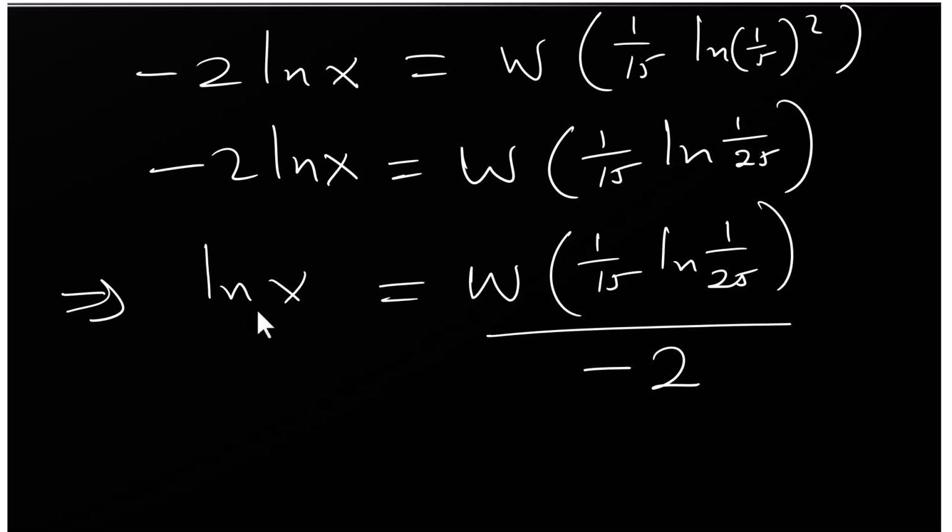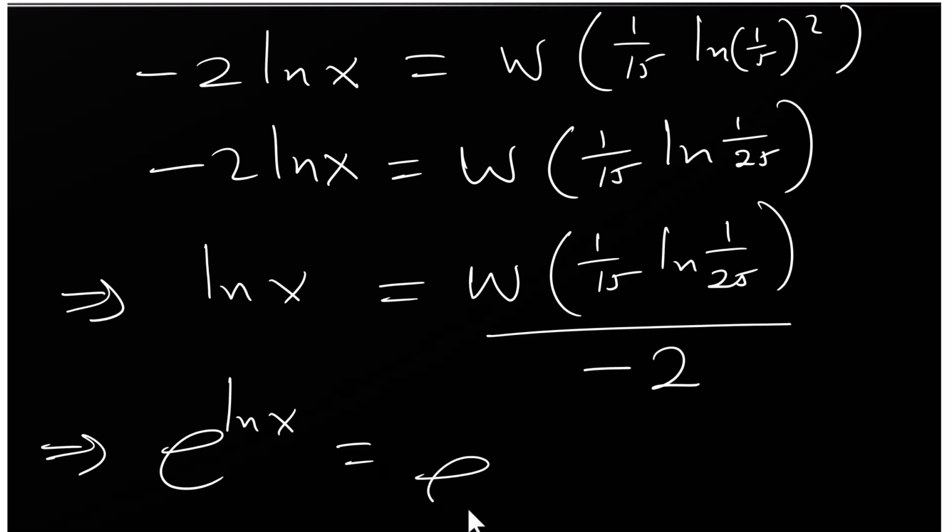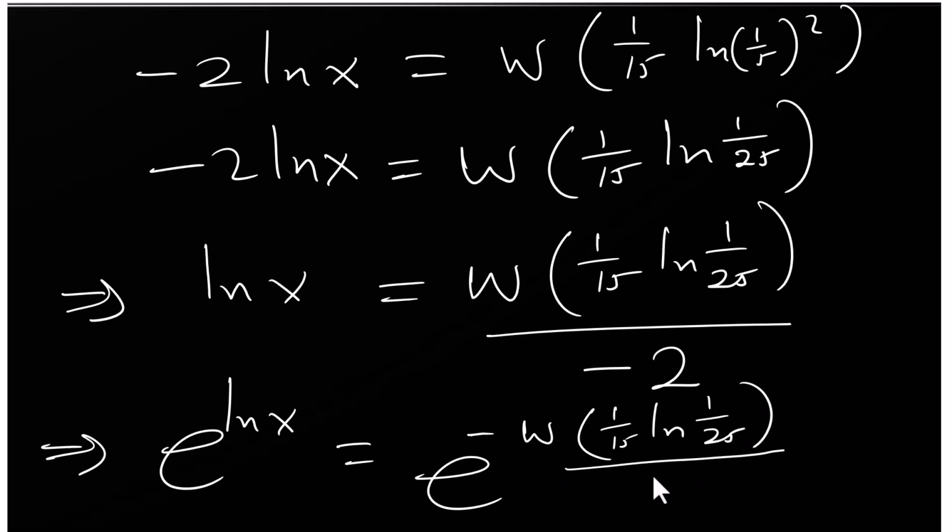Now remember, to remove ln we have to raise it by e. So if I raise both sides with e, e raised to ln of x equals e raised to minus W function of 1 on 15 ln of 1 on 25, over 2.